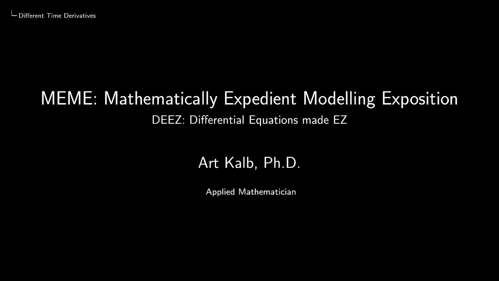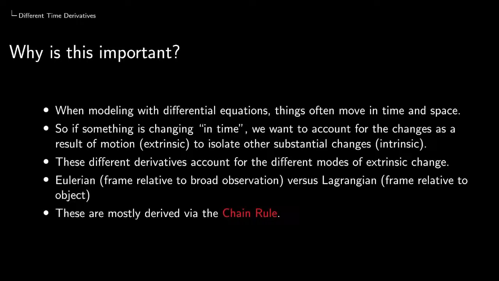So first we have different time derivatives. Why do we have different time derivatives? When you have a model, things will move about, both in time and in space. Now, a lot of models work with just ordinary time derivatives, but sometimes we want to separate out changes due to motion from changes in the intrinsic material itself.